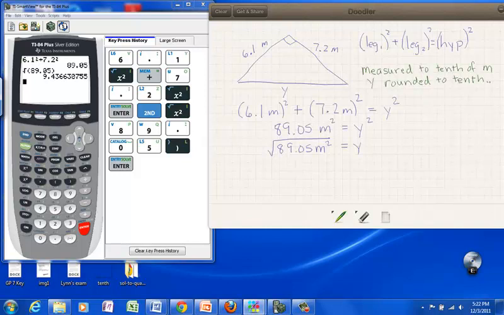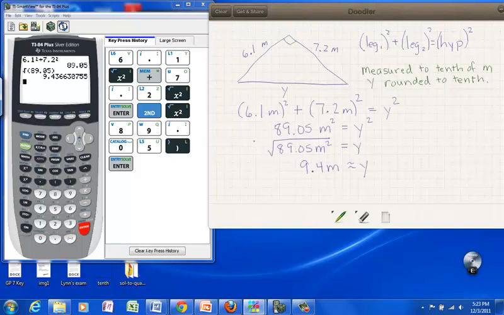It's our perimeter rule that uses place value, and I think in this particular example it makes a lot of sense to use that rule. So rounding this off to the tenth place, this would be 9.4 meters.